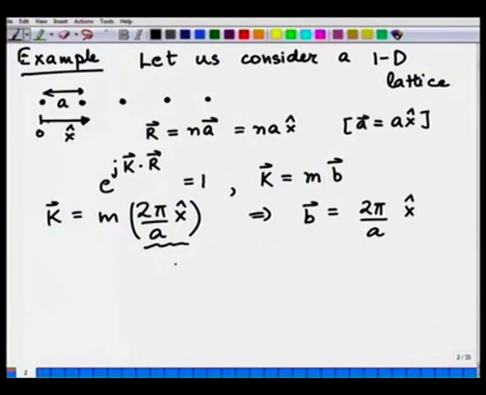So you can see that if I substitute r and k, I will get e to the power j k dot r as 1 if I choose my reciprocal lattice vector like this.